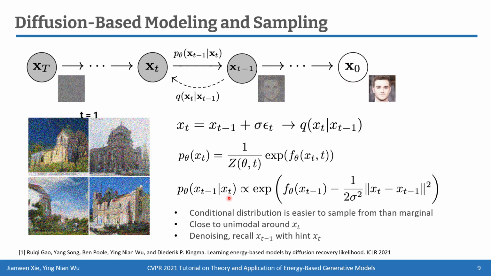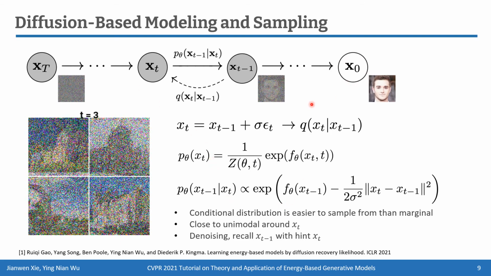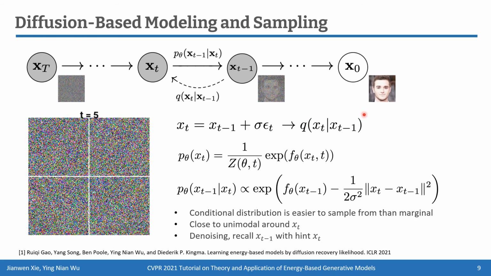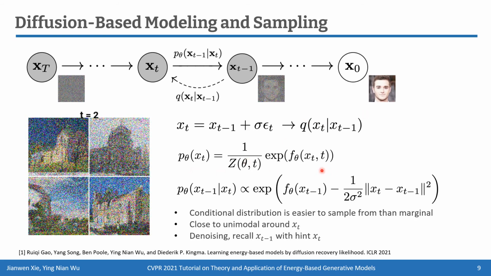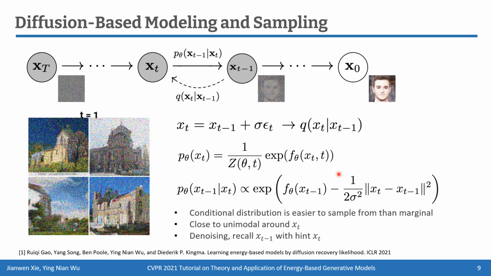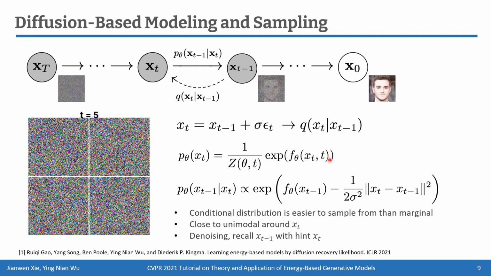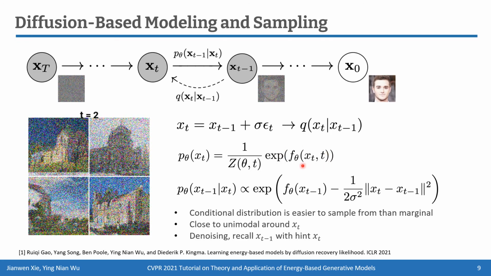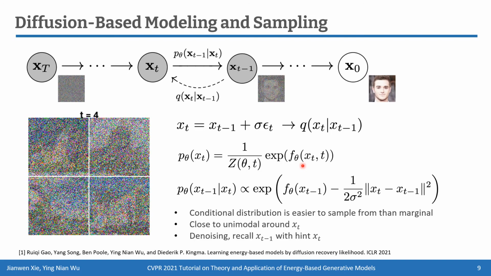And then you can learn the models at multiple noise levels or multiple time steps by using the same method, the analysis by synthesis method. And then you learn this F network. So you learn the marginal models at all the noise levels.